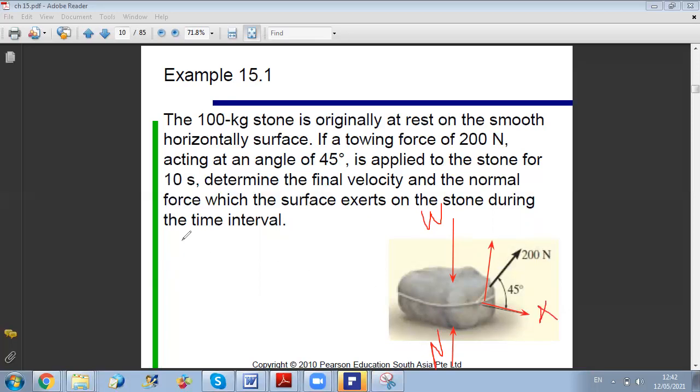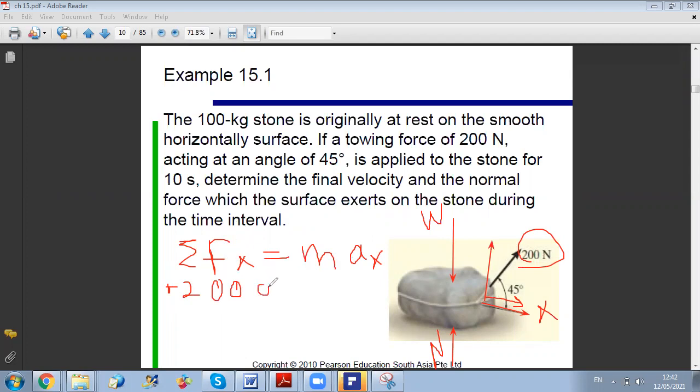So first we can write that the sum of forces along x is equal to m a_x. You just have along x the projection of this force, which is 200 cosine 45, so plus 200 cosine 45. This is if we want to use the usual method that we used before.